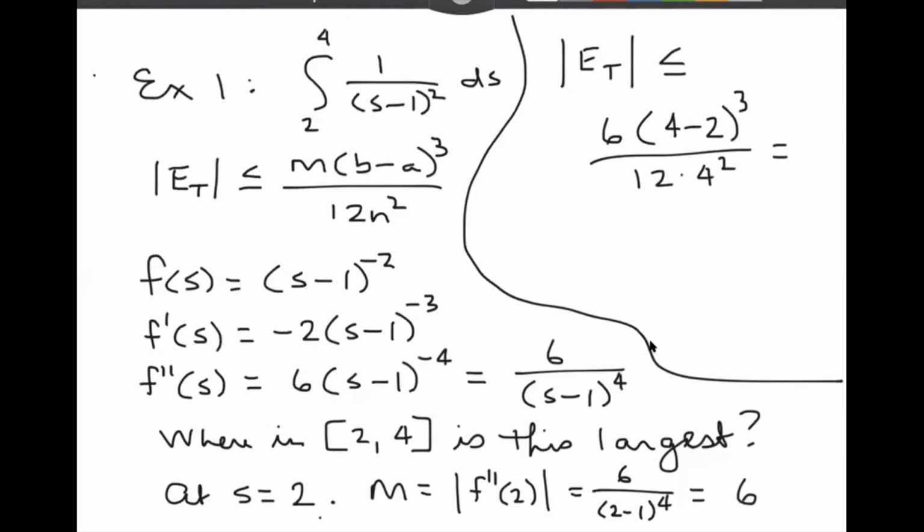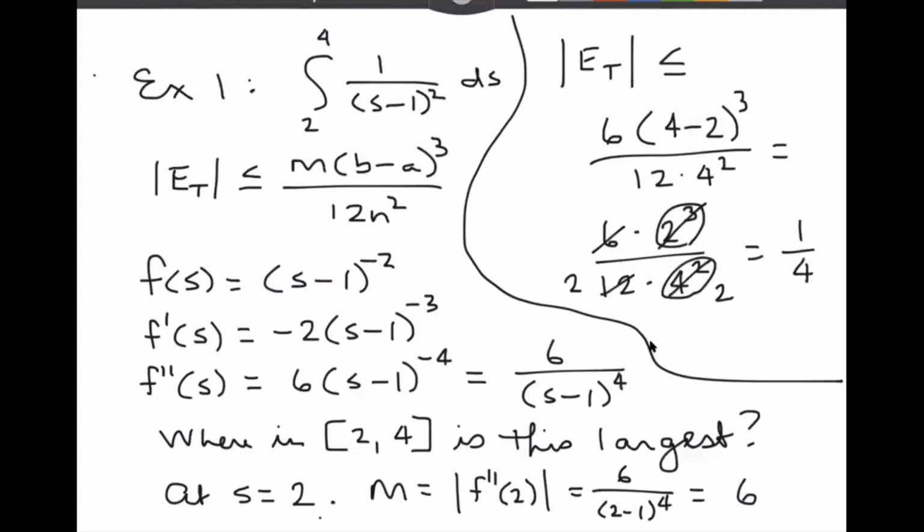What does that come out to? We have 6 times 2 to the third over 12 times 4 to the second. Rather than reach for my calculator, I can just whittle this down. This is an 8 and this is a 16, so let's cross those out and leave it 2. 6 into 12 goes 2. So it looks like the upper bound on our error is 1/4.